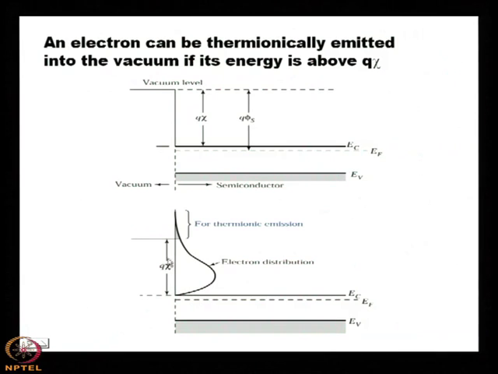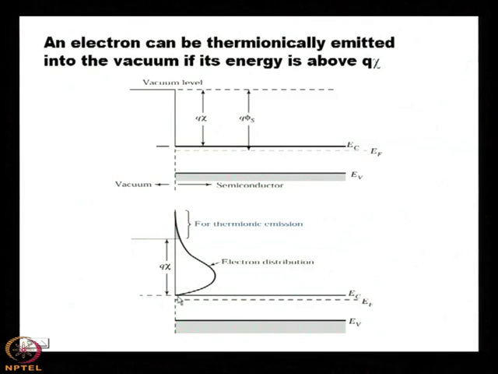So, where is the vacuum? Vacuum is above this line, because you know what is chi. Chi is the energy required to emit an electron from the conduction band EC to the vacuum. So, if the electron distribution is like this, because we have not calculated the electron distribution in n type semiconductor, that is not required in the processing class, that will be discussed thoroughly in your physics class.